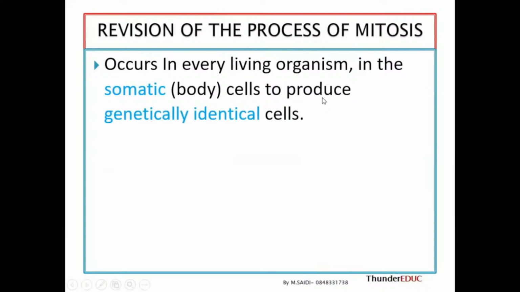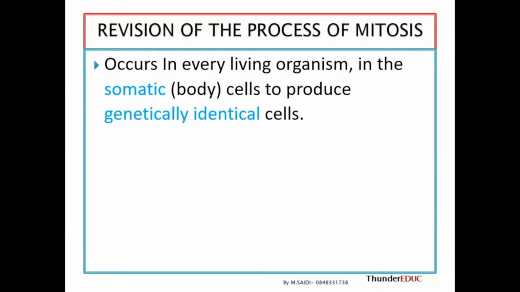So mitosis occurs in every living organism, in the somatic body cells, those are the body cells, other cells other than sperm and ovum, to produce genetically identical cells. So you can have a hole on the cheek, and then you need meat. So what they can do, they can cut from the bum and put it on the cheek.